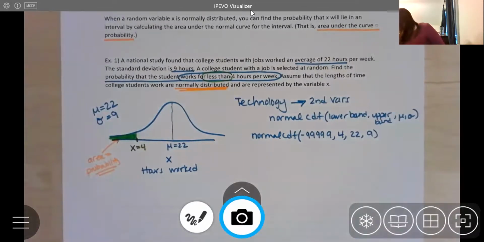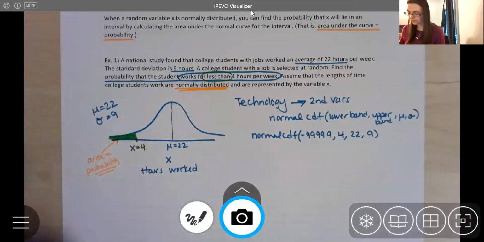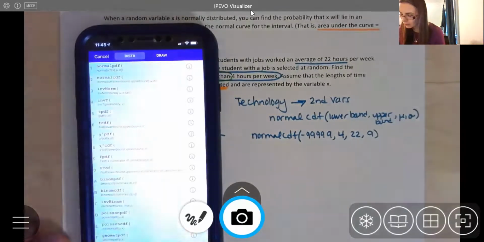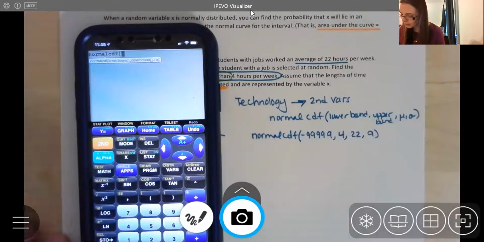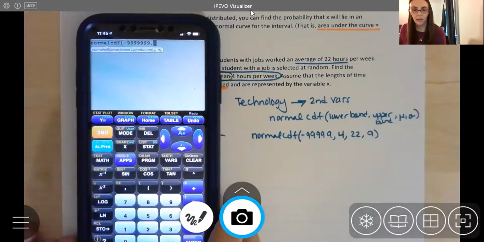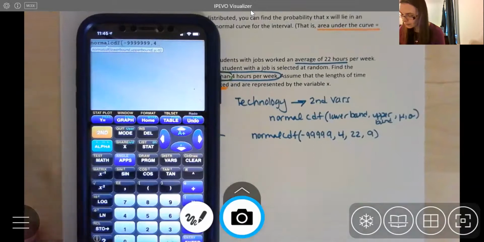All right, so let's see what we get. All right, so second bars, normal CDF. All right, my lower bound, negative 999. Make sure you're hitting the negative button at the bottom here too, not the subtraction sign. My upper value is 4.